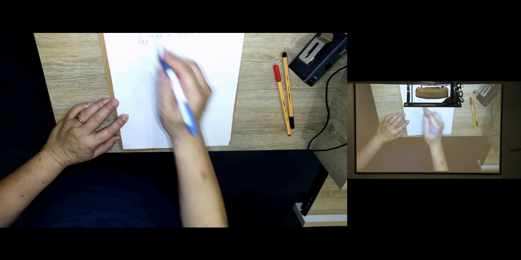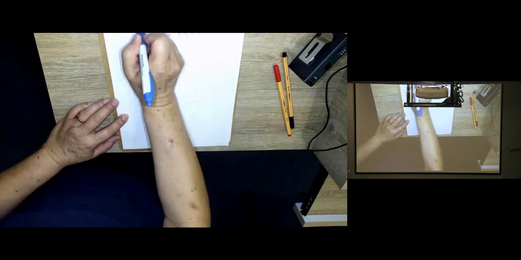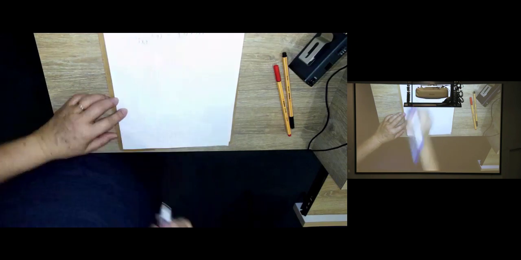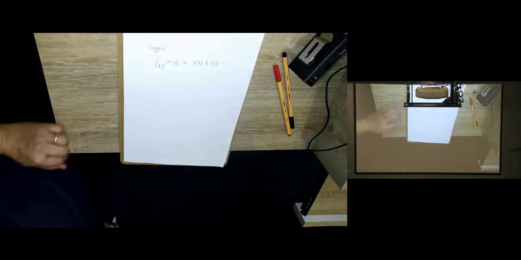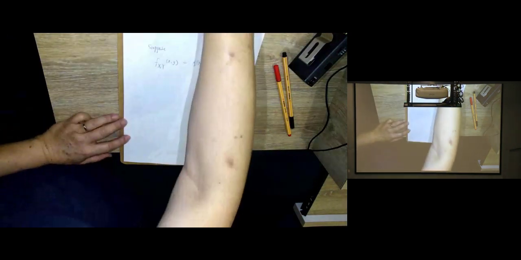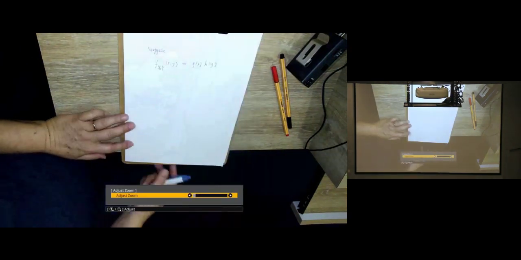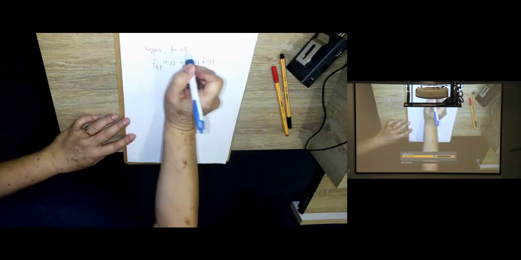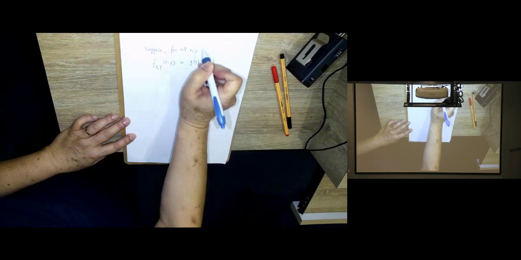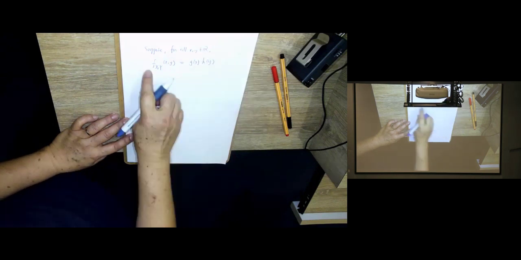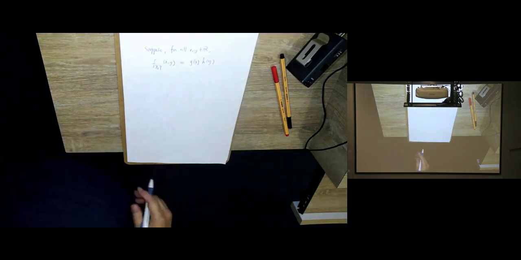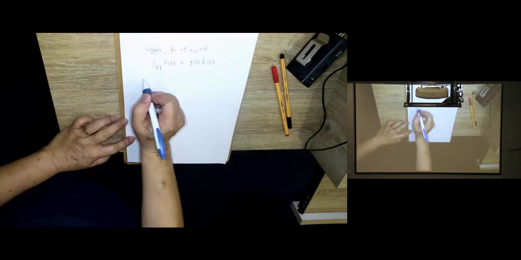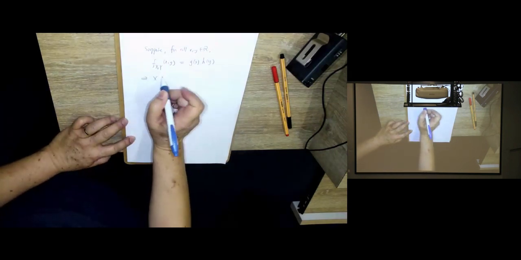Because suppose this is true for all x and y. Okay, I have this factorization, and that is why it's called a factorization theorem. Then x and y are independent.